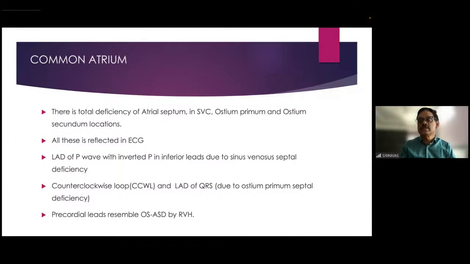So there will be signs of sinus venosus ASD, primum ASD, as well as secundum ASD. There will be left axis deviation of the P wave as well as QRS with a counterclockwise loop of QRS, and then there is right ventricular hypertrophy. When you see an ECG like this, you can strongly suspect the condition to be a common atrium.